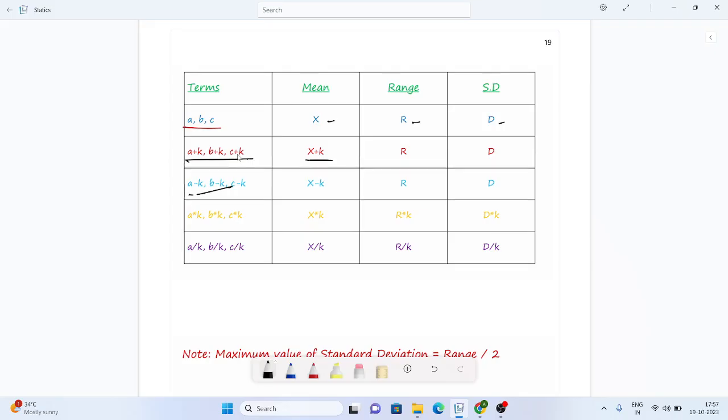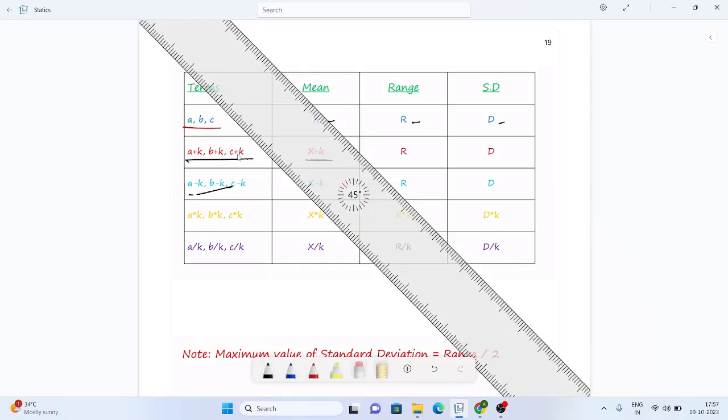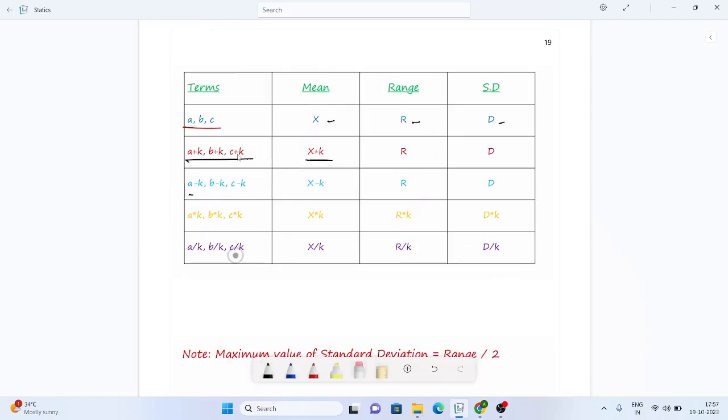If you subtract any constant, you also subtract that constant from the mean. Range and deviation will be the same. If you multiply the terms by any constant, the mean, range and deviation are also multiplied. And in division, the mean, range and standard deviation will all be divided.